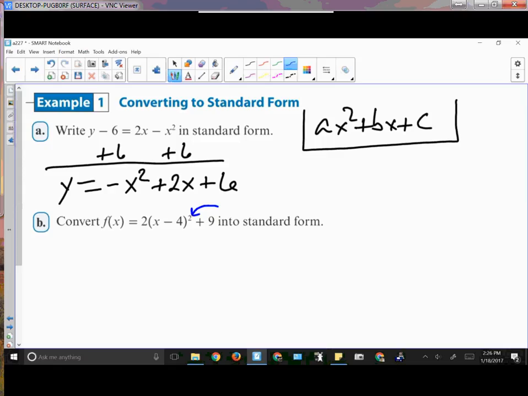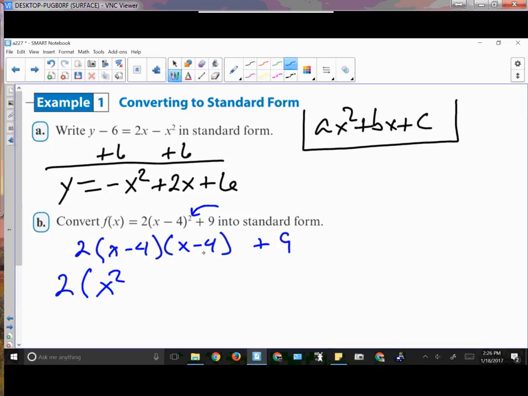So what we're going to end up having to do is write it out like this. It's going to be 2 multiplied by x minus 4. Well, the squared means that I have another x minus 4, plus 9. So when you write it out like this, now you've got FOIL that you have to do. So 2 is still going to stay out in front. X times x is x squared.